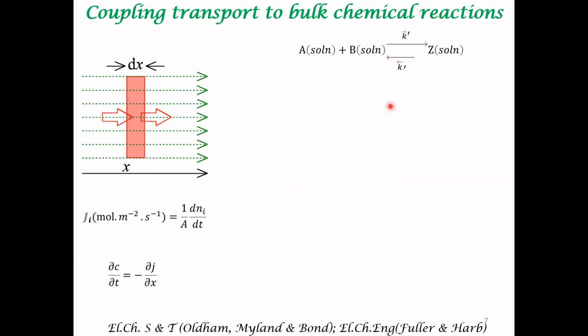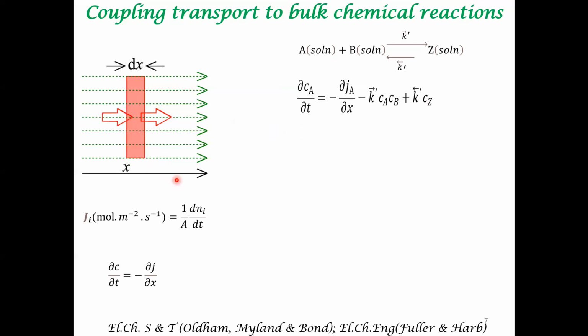This can easily be accommodated within the framework of mass balance. There is a disappearance of species A because of the forward reaction that is taken into account in this term, and there can be appearance of species A because of the backward reaction that is taken into account in this term.